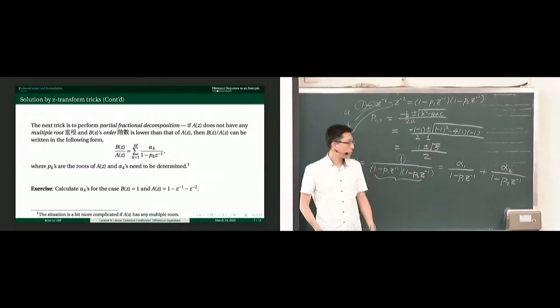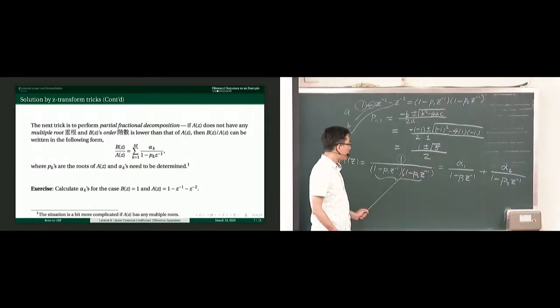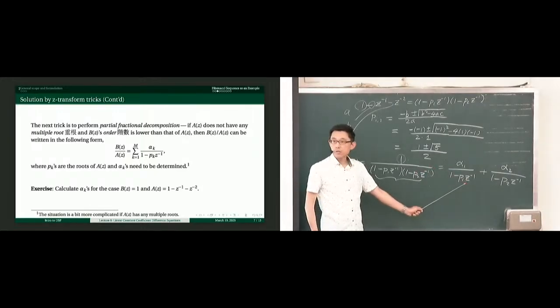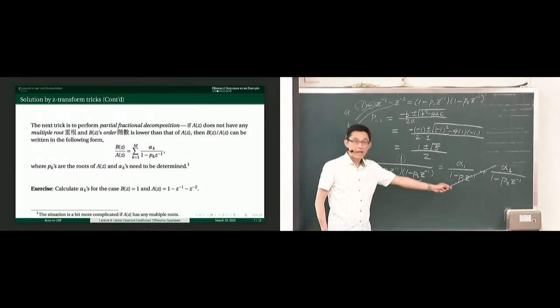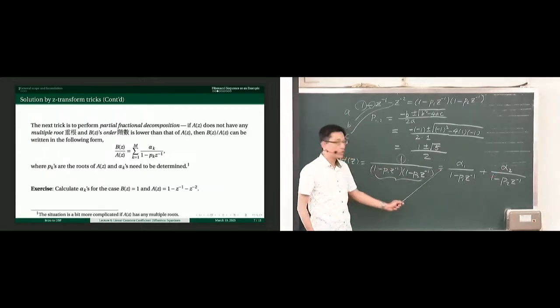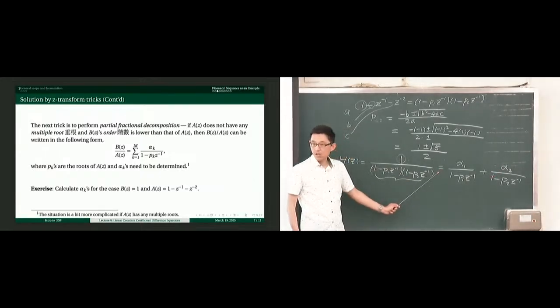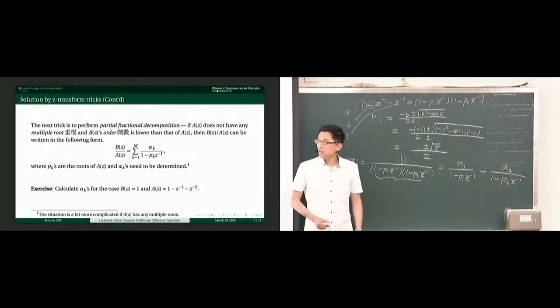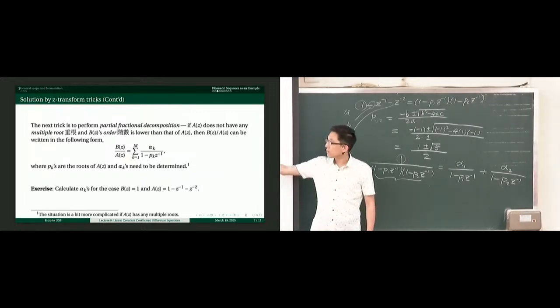We can always find alpha 1 and alpha 2 such that the identity holds. The fact that we can do this is called partial fractional decomposition. You can always do this.